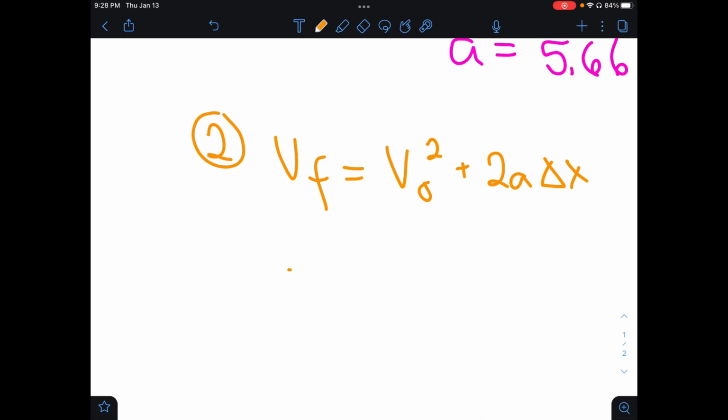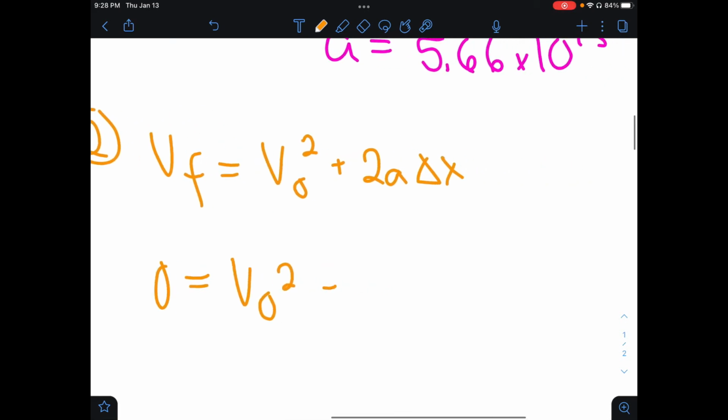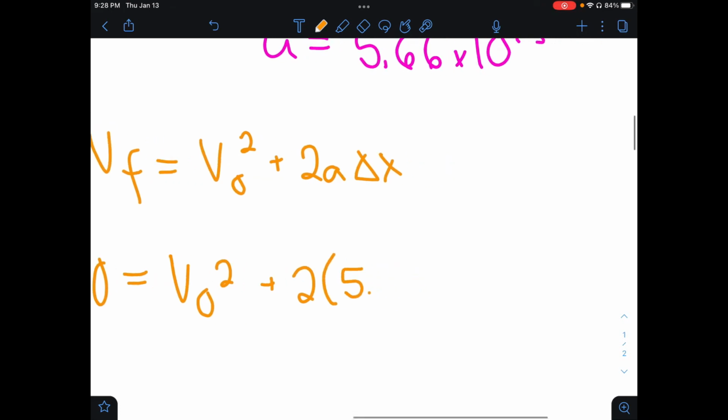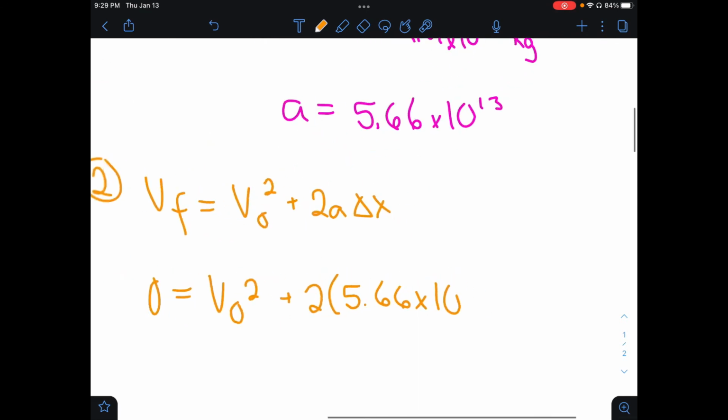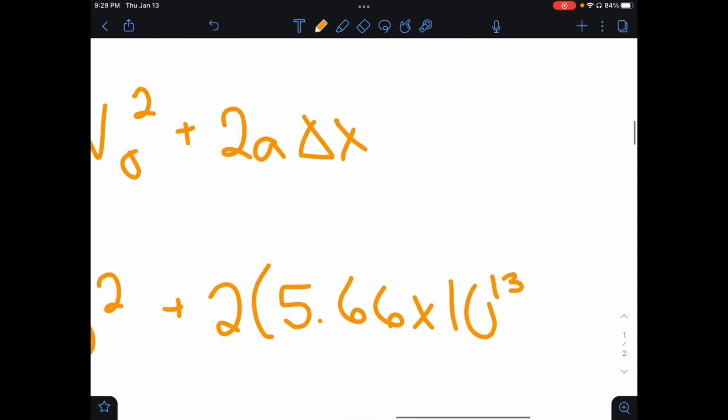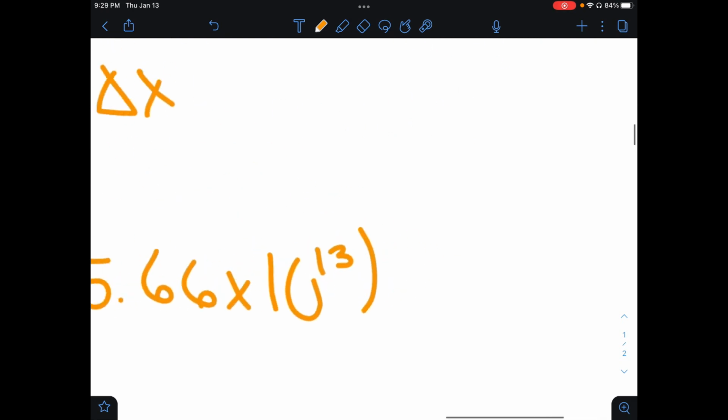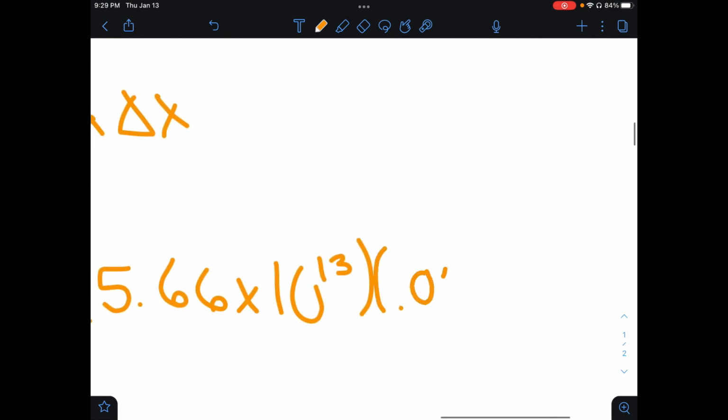So if this is equal to 0, this is equal to negative V initial squared, which we don't know, plus 2a, where a is the a we just solved for, times our change in x, which I'm just going to convert right to meters right away.